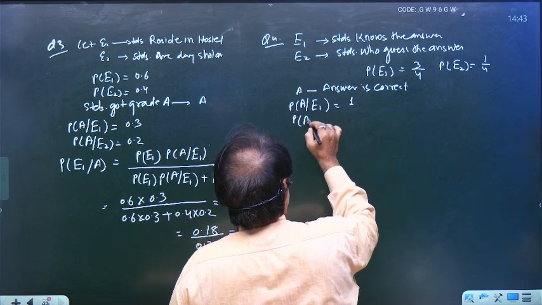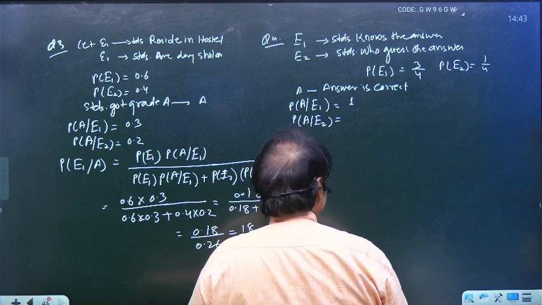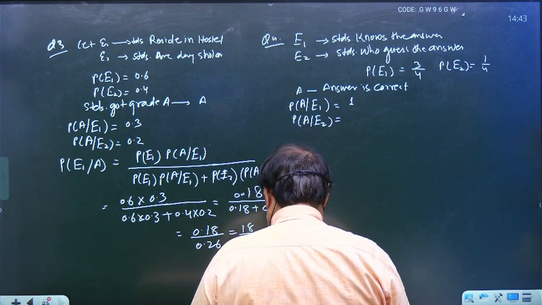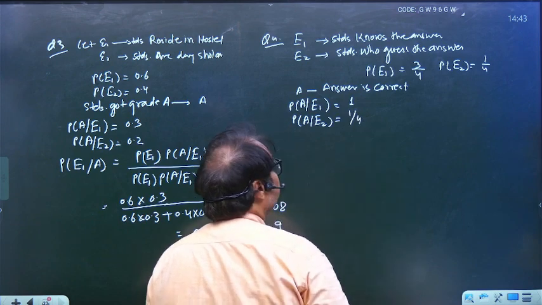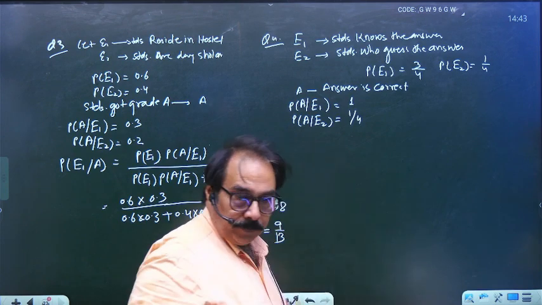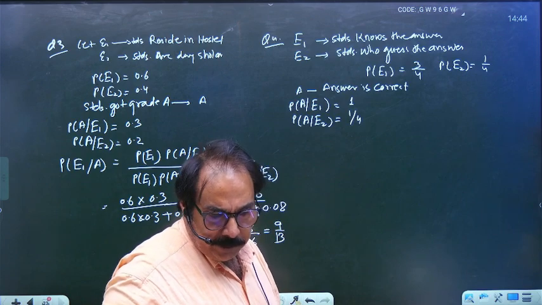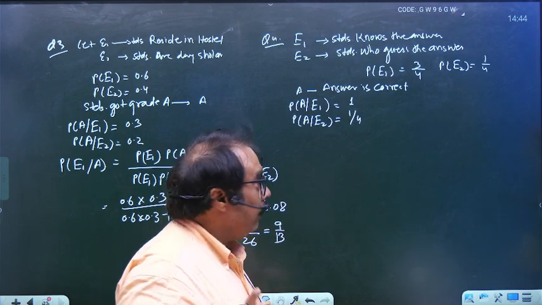And probability of A by E2, because he guessed the answer, will be equal to 1 by 4. Okay, it is also given in the question: assuming that a student who guessed the answer will be correct with the probability 1 by 4.